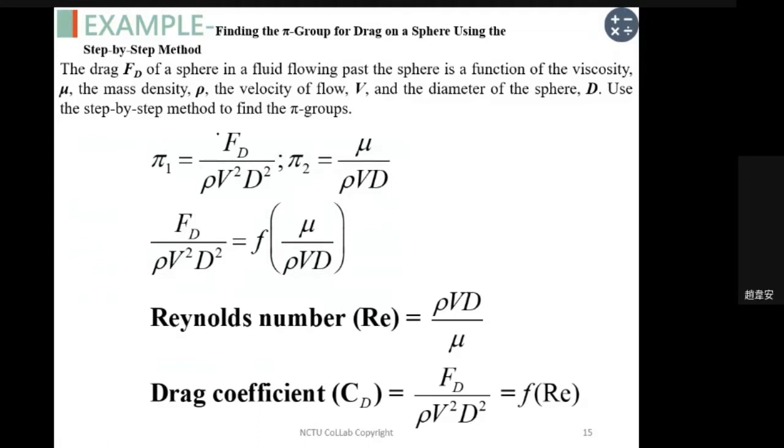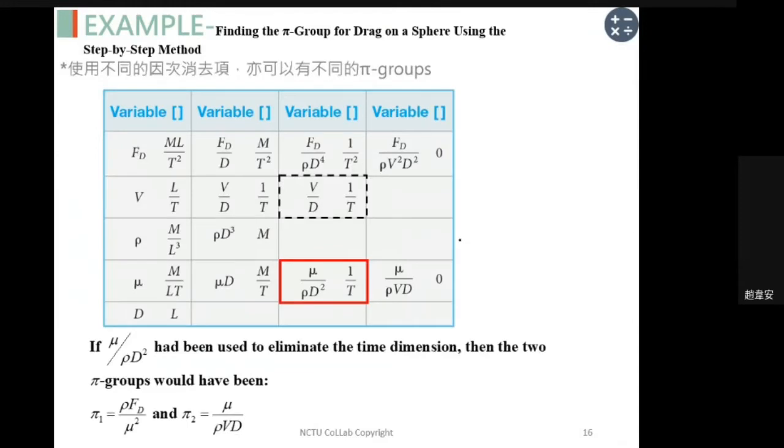So pi 1 is what we call the drag coefficient, and pi 2 indicates the Reynolds number. But one problem arising here is that in the last slide, for the dimensional analysis, we cancelled out the dimensions by the velocity divided by the diameter.